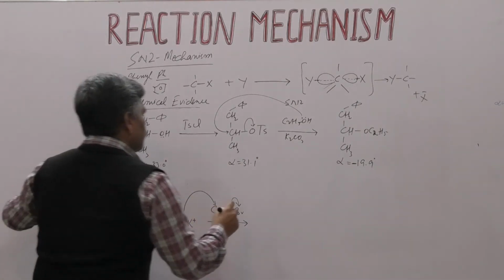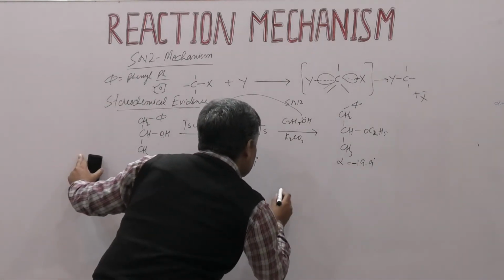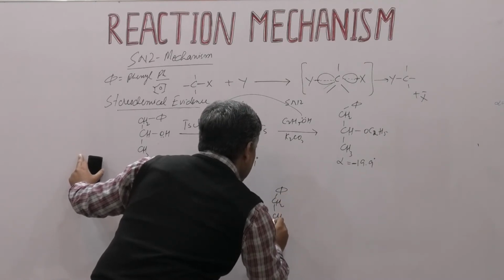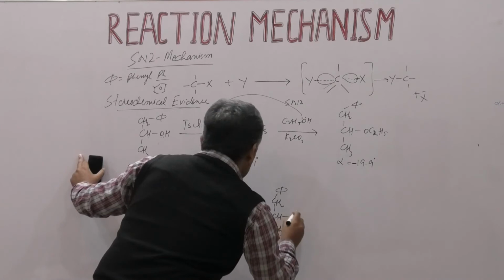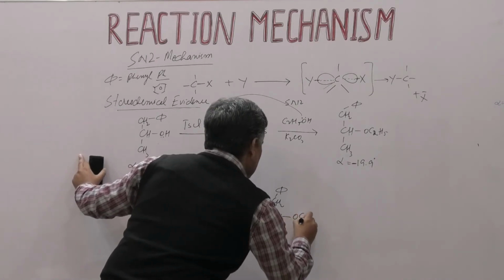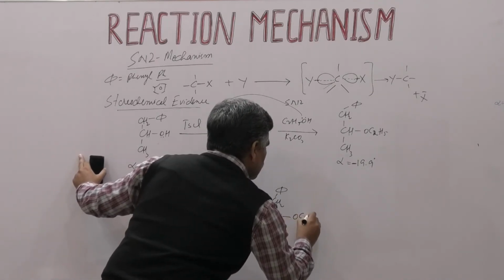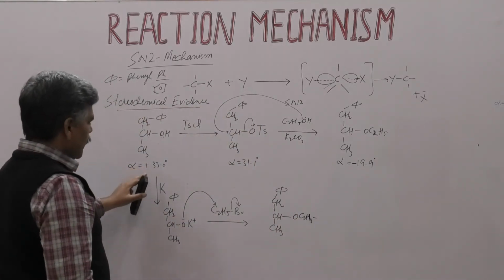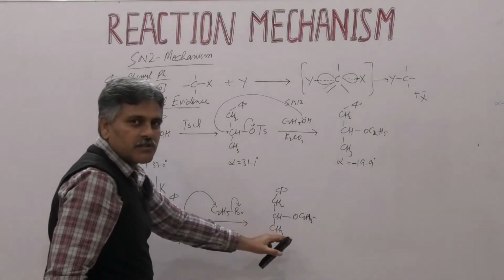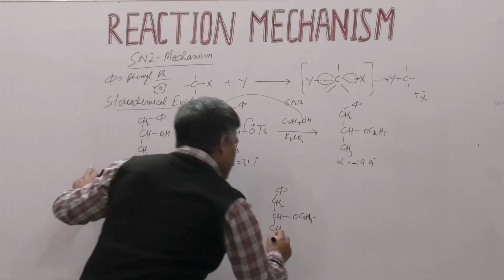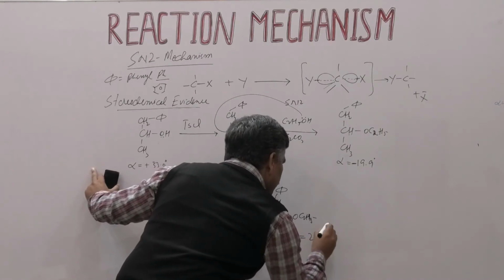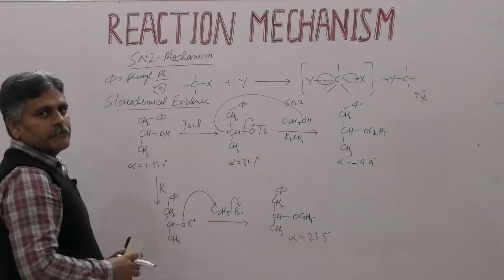So that's why our product is phenyl, CH2, CH, CH3, and here we have OC2H5. So this is dextro, again dextro, this is also the dextrorotating enantiomer, and its angle of rotation is equal to 23.5 degree.